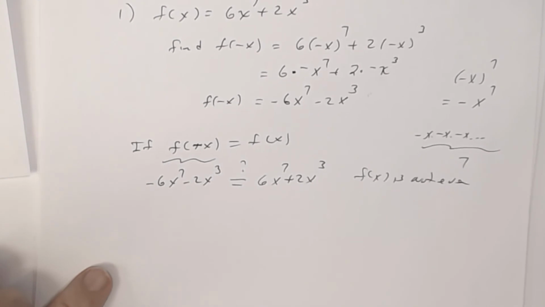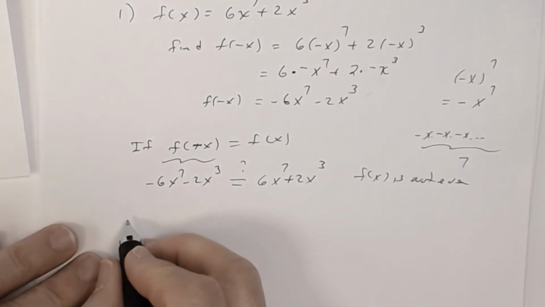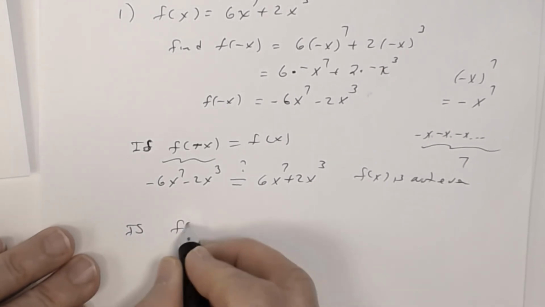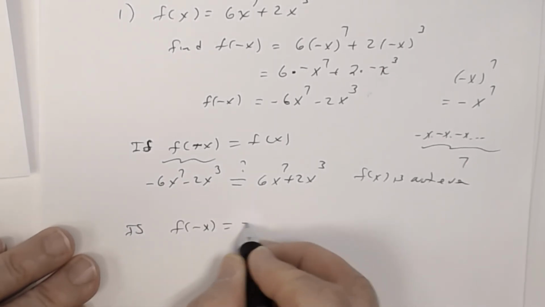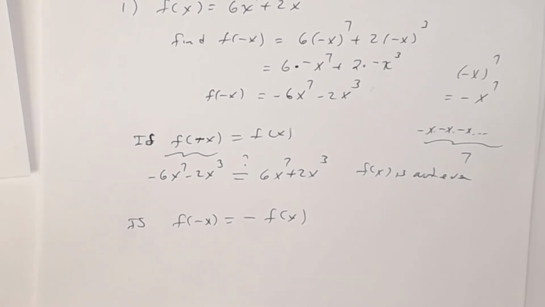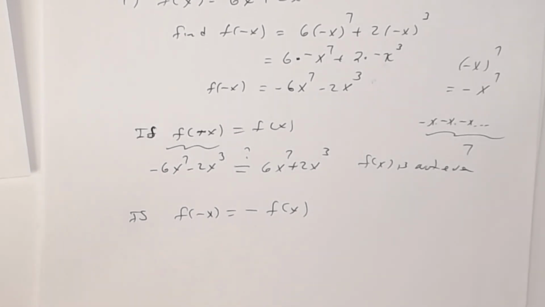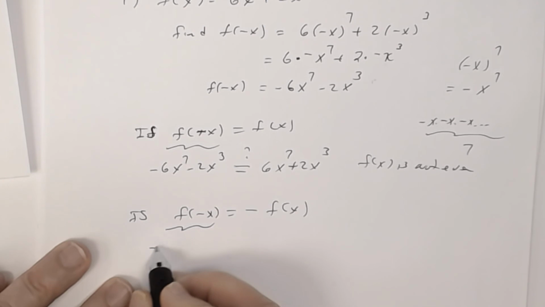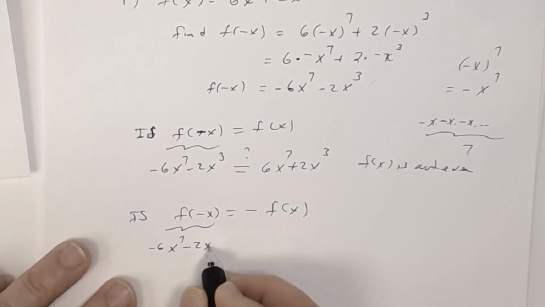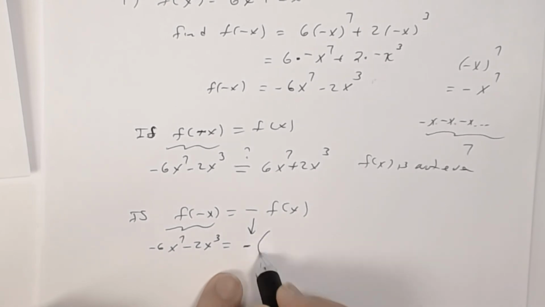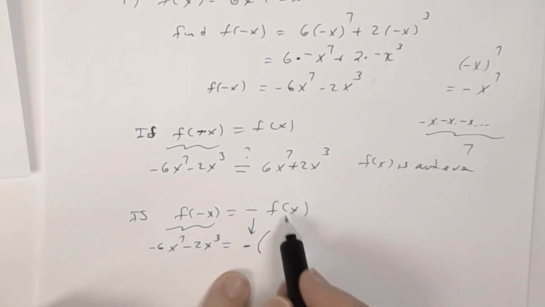All right, well, let's check odd. Let's see if it's odd. So here's the question: is f of negative x equal to the opposite of f of x? Well, here's f of negative x. We found it right here. And here's the opposite of f of x. F of x, remember, was this.